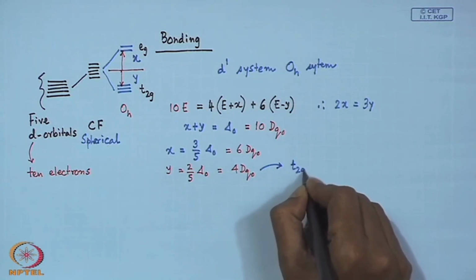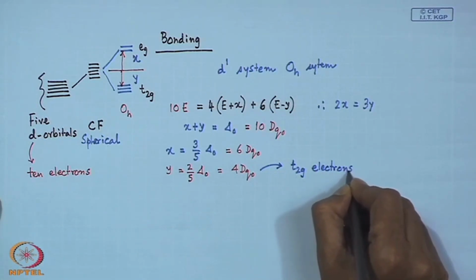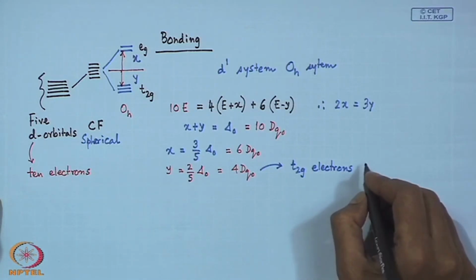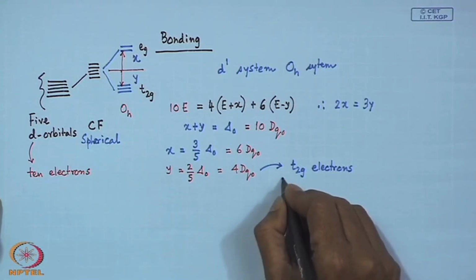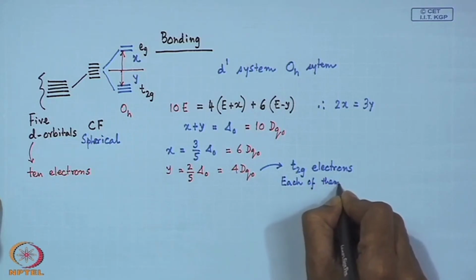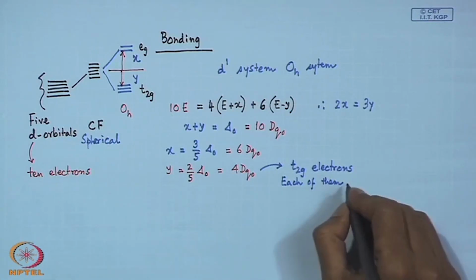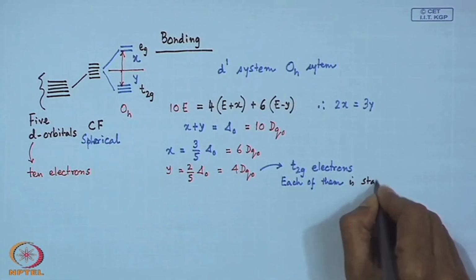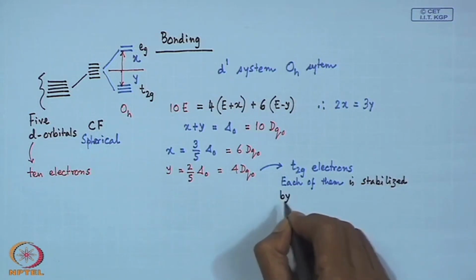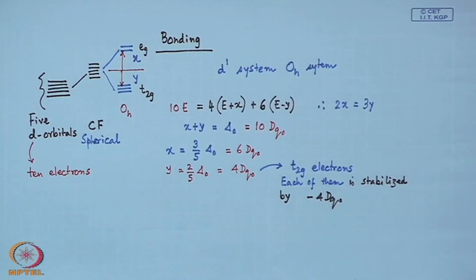So, we have the t2g electrons in this particular level, and they are stabilized. Each of them is stabilized by minus 4 Dq.